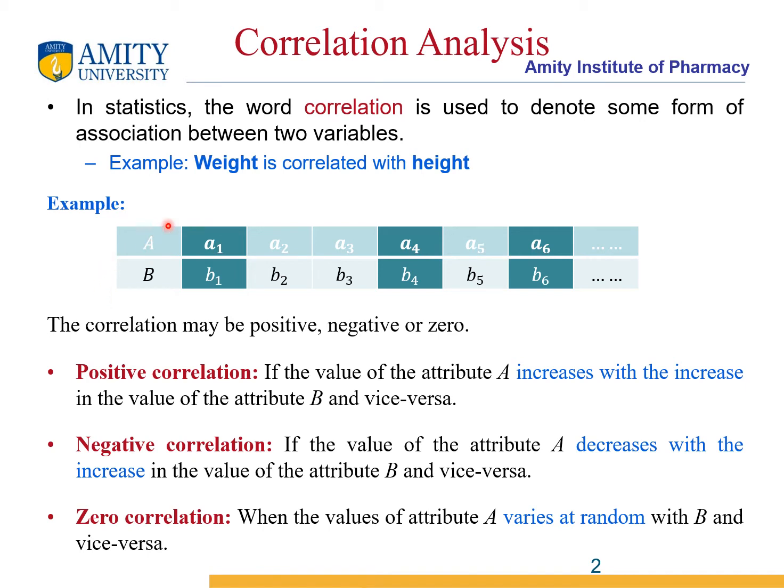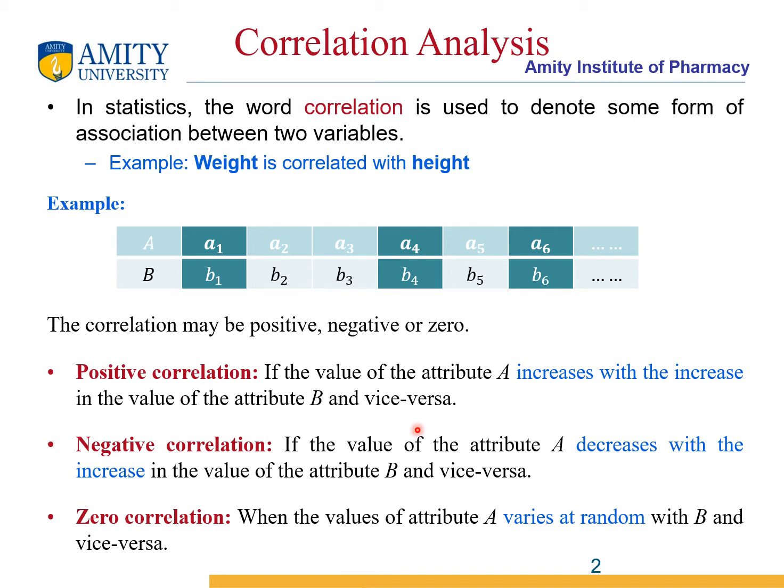Here in the example, we have two different variables. Suppose A is the weight of an individual and B is the height of an individual. If we increase the weight of an individual and height also increases, then these two different factors are increasing simultaneously, so we say that they are positively correlated with each other.